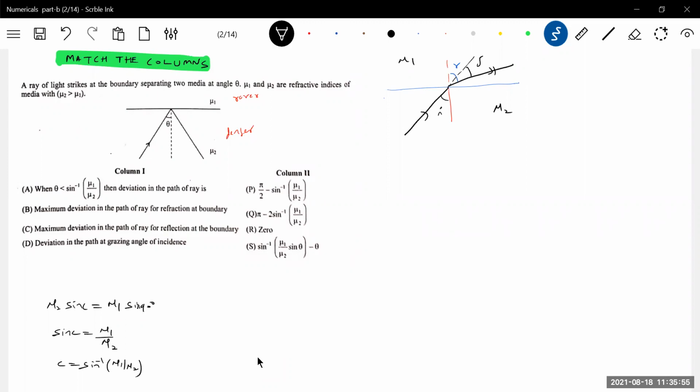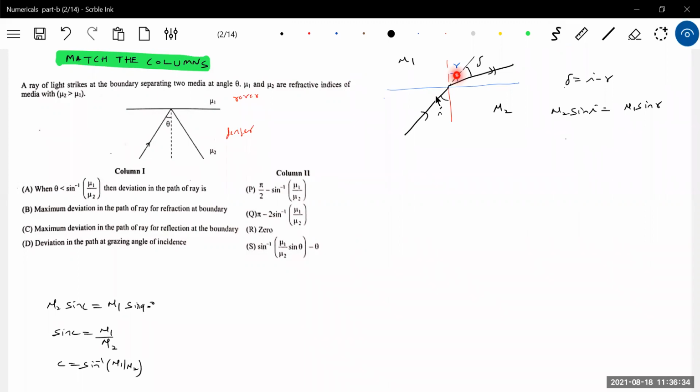So now deviation equals I minus R. Mu2 sin I equals mu1 sin R. R is the angle of refraction.